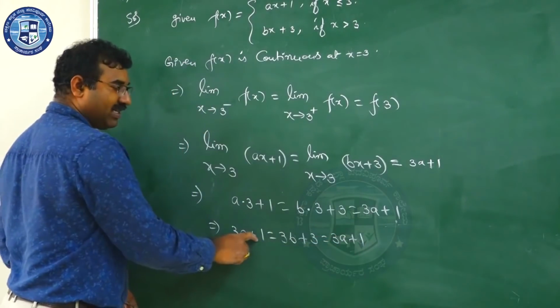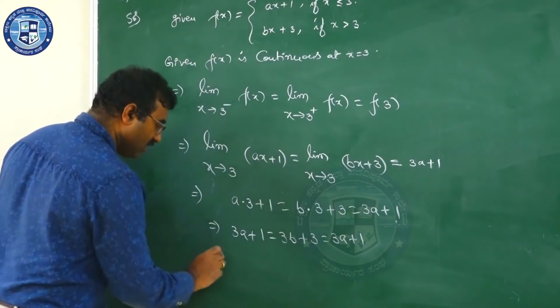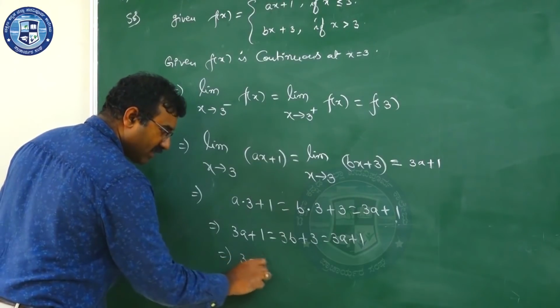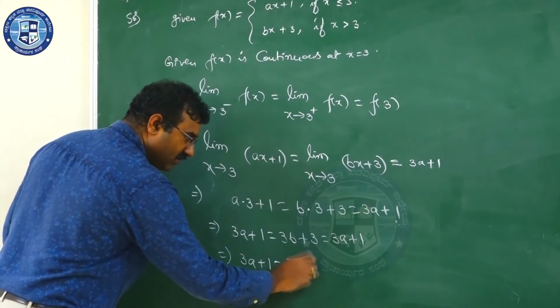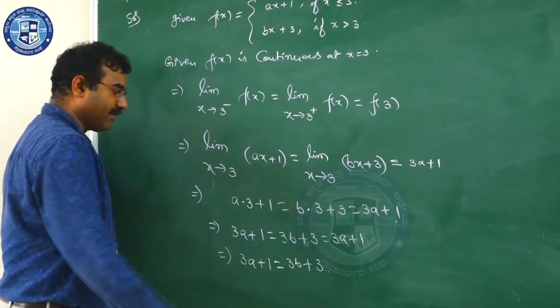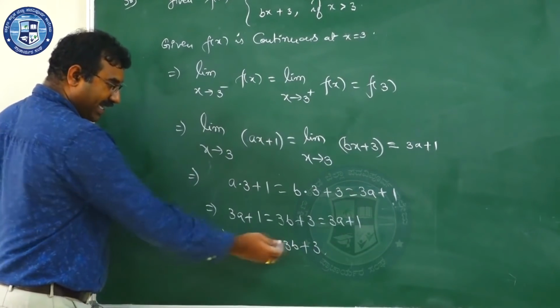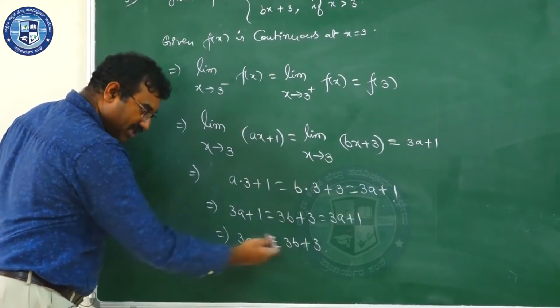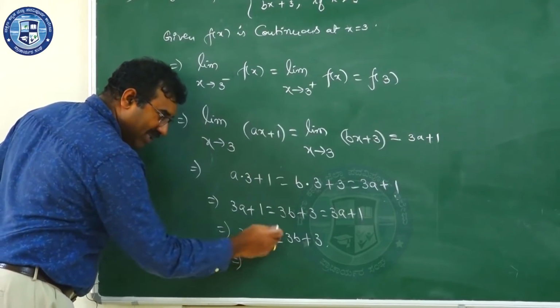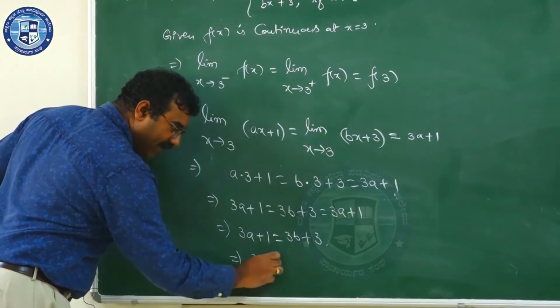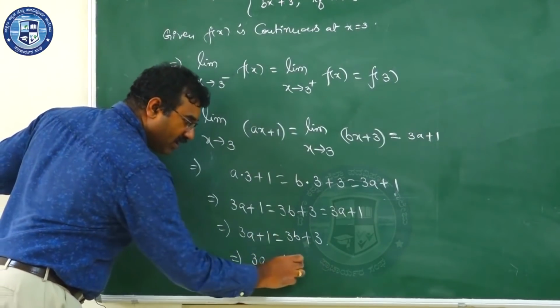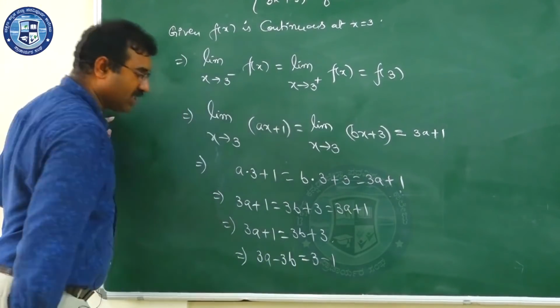Both are the same, so you write it one time. Which implies 3a plus 1 is equal to 3b plus 3. Now take the 3b to this side and the 1 to the other side: 3a minus 3b is equal to 3 minus 1.